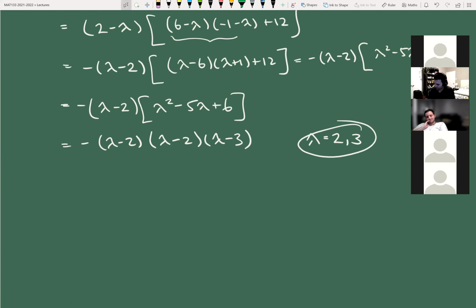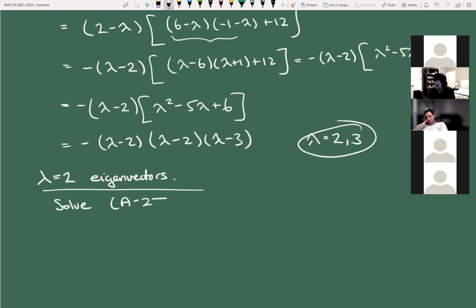Okay, so let's try finding the lambda equals 2 eigenvectors. Remember, I'm trying to solve A minus 2I times v equals 0, right? So as an augmented matrix, what is that going to be?